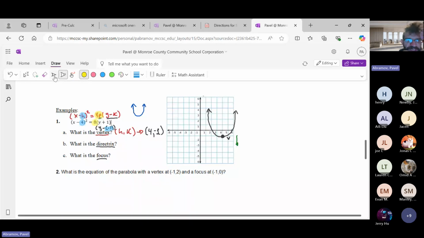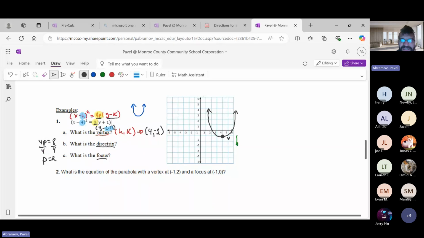So 4p is the same thing as 8. This 8 represents this 4p. Therefore, we can solve this. We divide by 4, and we get p equals 2.